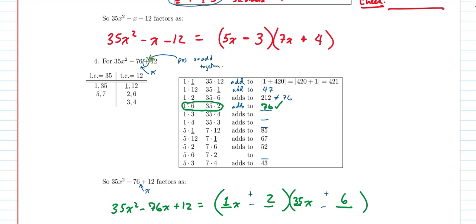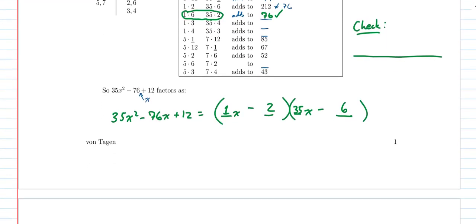Well, which one is it? Now I look at this middle term here. The middle term needs to come out to be negative 76x, so that tells me that I'm going to want these to both be negative. So let's put that in the same color. Okay. Again, you really aren't going to understand how factoring works unless you're always checking your work, which you ought to do anyway. Okay, whew, that was rough, folks.